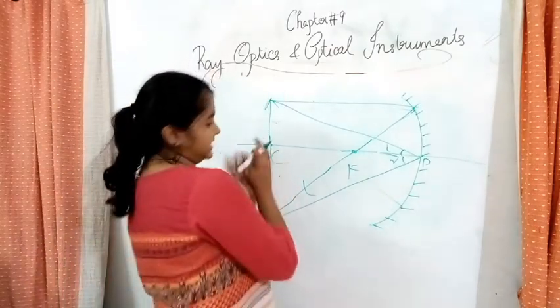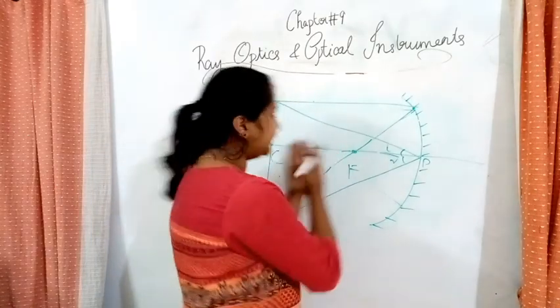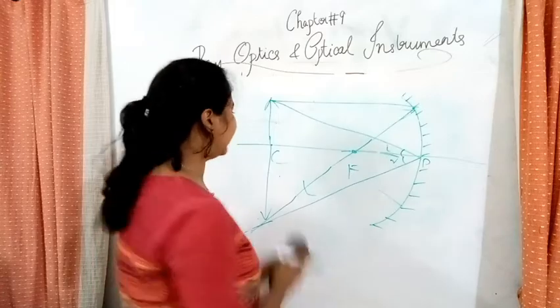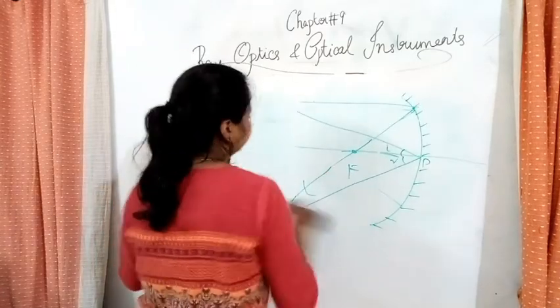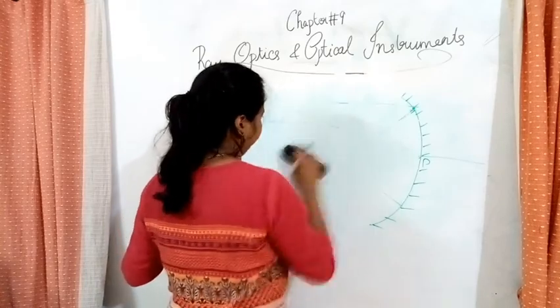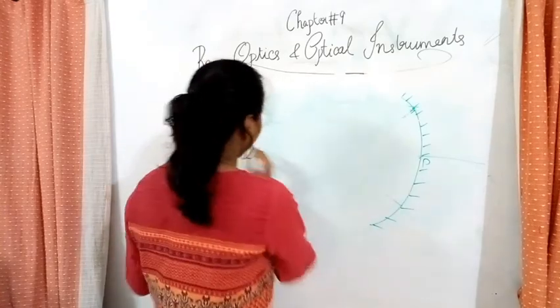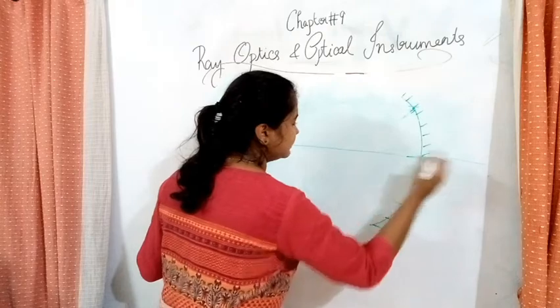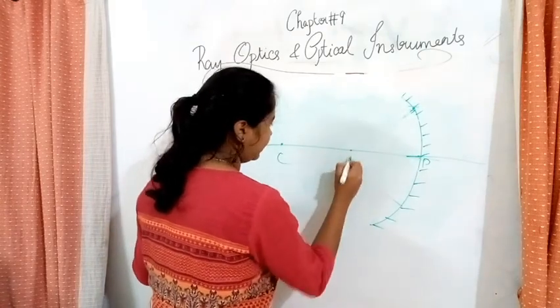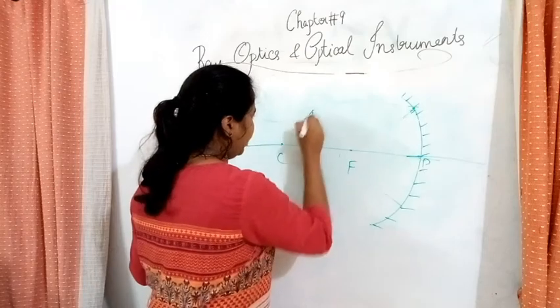Now, let's move the object further and keep it in between the center of curvature and the focus. So, let's see. This is our principal axis. This is the center of curvature. This is the focus. This is our object.